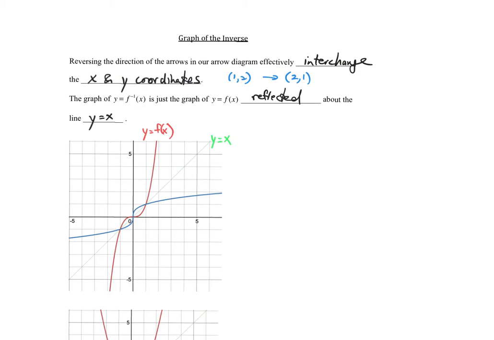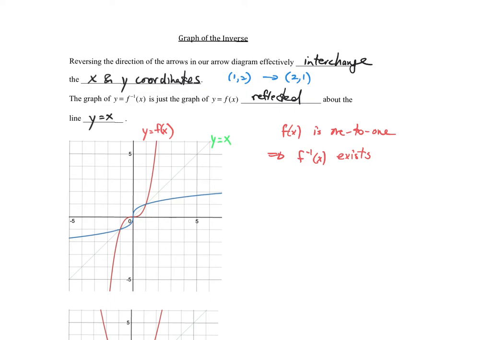So because this graph is 1 to 1, f of x is 1 to 1. Because it is 1 to 1, this means that f inverse of x exists. And what I've done here is I've graphed the inverse in blue.